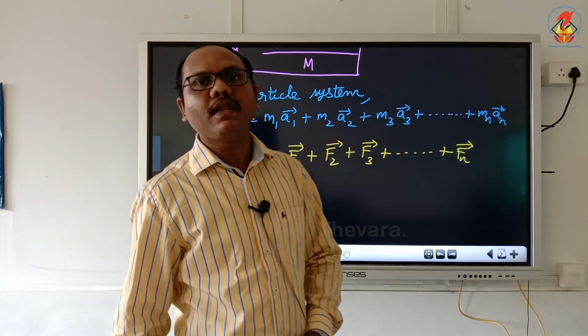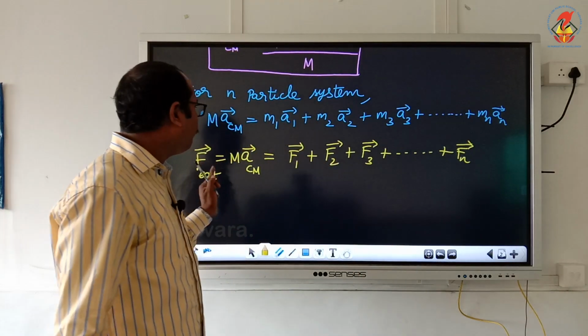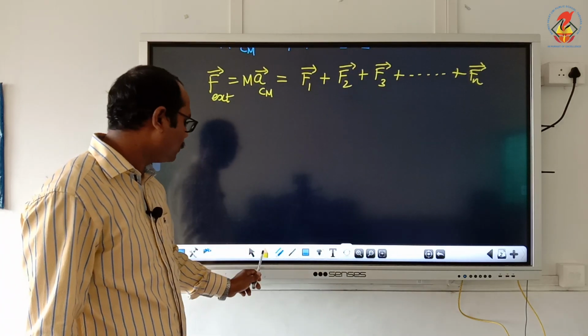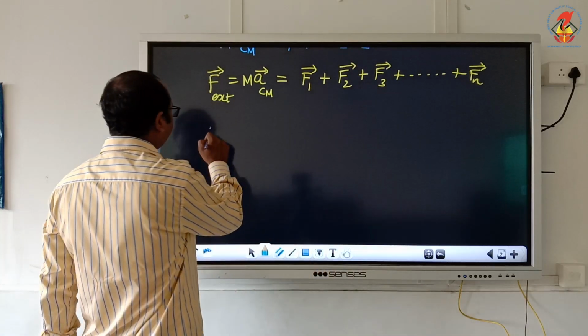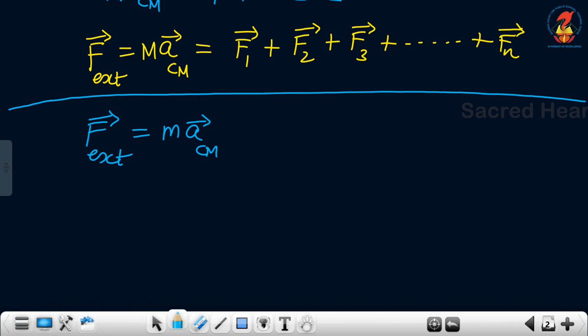Okay, now let us see one more thing. Here I told you F external is equal to M into ACM in this equation. F external is equal to M into ACM. This is what we got from the above equation.